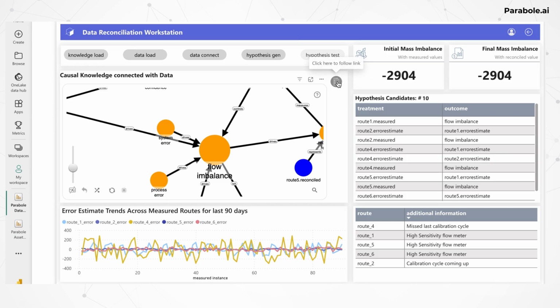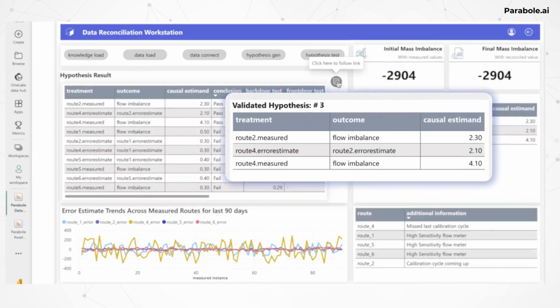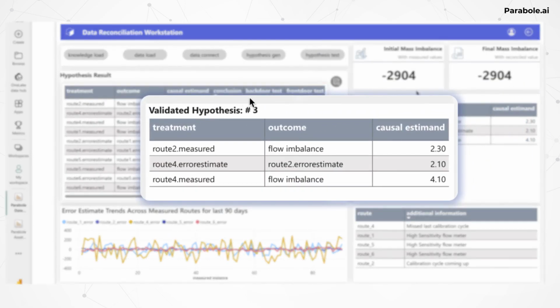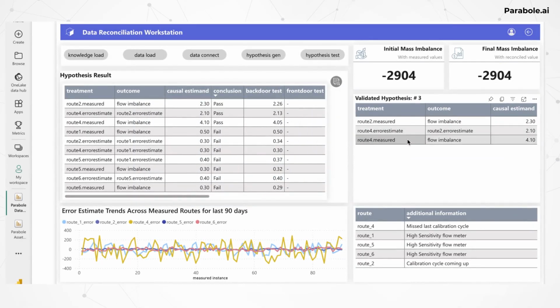In the final steps of the hypothesis workflow, the mass balance agent automatically narrows down the hypothesis list from 10 to 3. This condensed list points to the primary cause of the imbalance. First, the measurement on route 4, followed by route 2 measurement. Moreover, the error estimation at route 4 drives the error estimation at route 2.